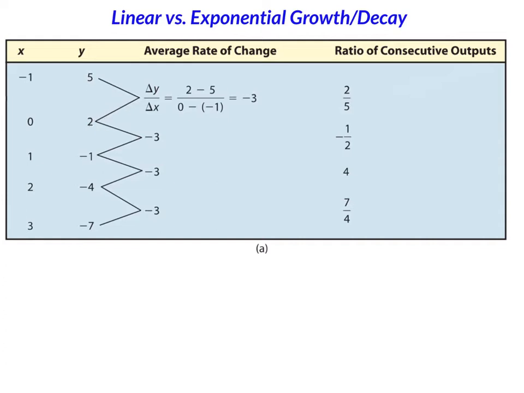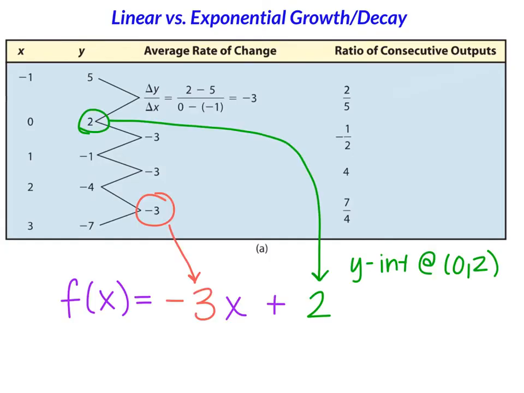That means that the y is changing by a factor of 2/5, and then -1/2, and 4, and 7/4. Because that's not the same, I know that that's not exponential, but because these are the same, I know that that's linear. So I'm going to write the function for this as f of x equals -3x plus 2. That -3 comes from the average rate of change, and that plus 2 is my y-intercept at (0, 2).